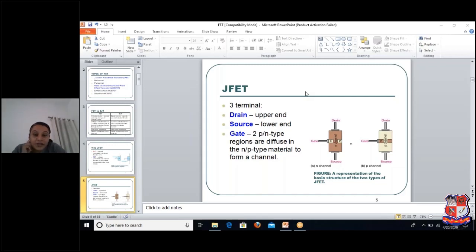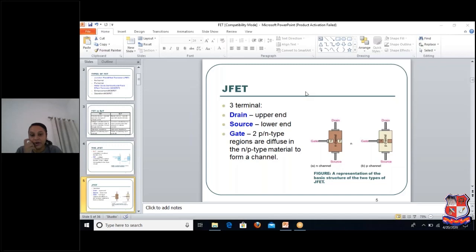Here we use the diffusion process. So what is the diffusion process? At the time of construction, whenever we make the JFET, the N type semiconductor material is diffused into the P type substrate. It is not mixed with the P type, but is made upon the P type semiconductor material to make a channel.